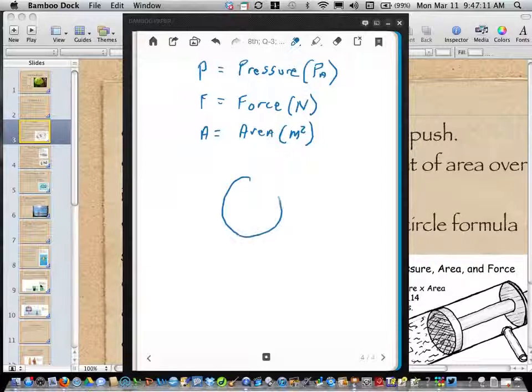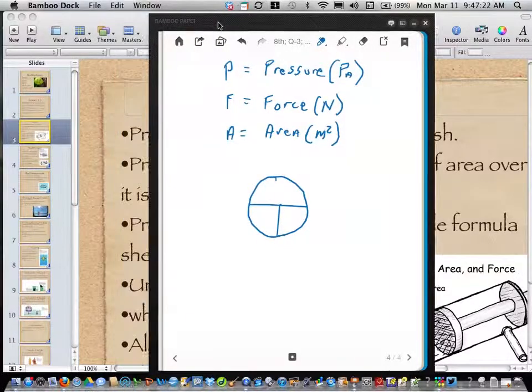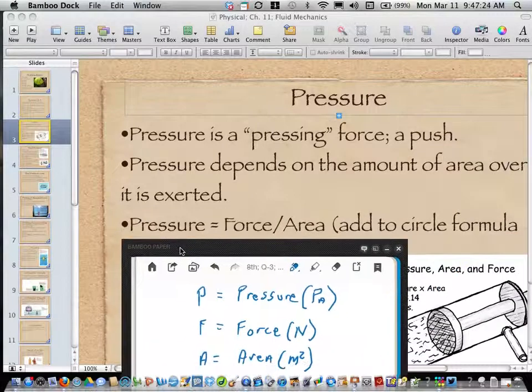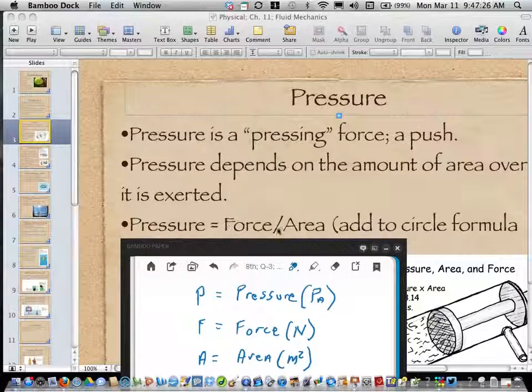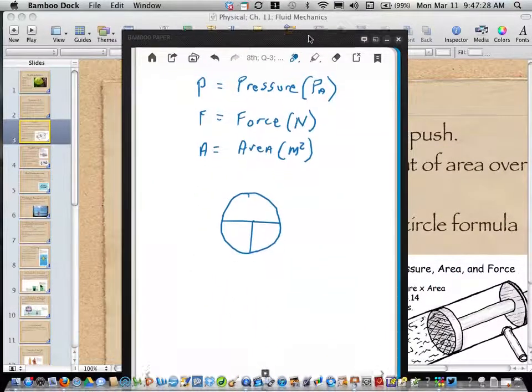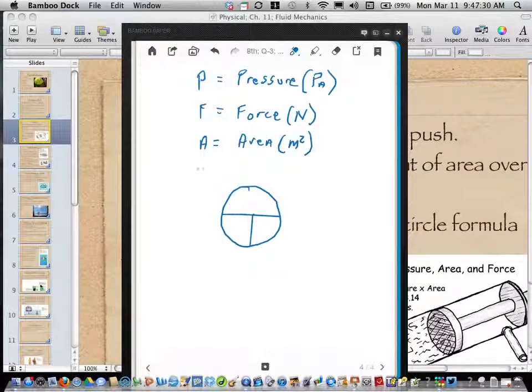So our circle formula is going to look something like this. Let's translate what it just told us, where it says pressure is equal to force divided by area. We know how to translate that linearly as pressure equals force divided by area.